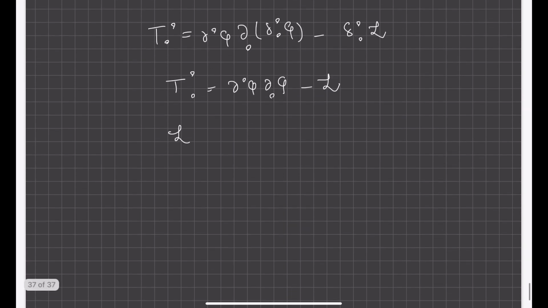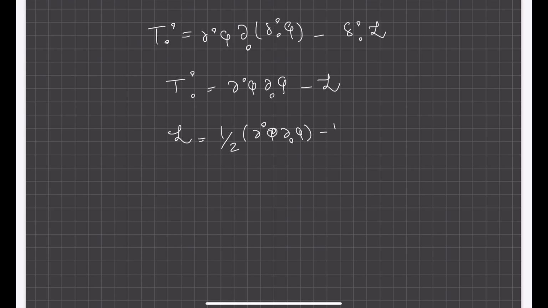And what was the Lagrangian? We are now going back to the beginning of the session. The kinetic term in the Lagrangian has a Lorentzian signature, and we're going to see how this minus sign is going to turn into plus when we go to the Hamiltonian.